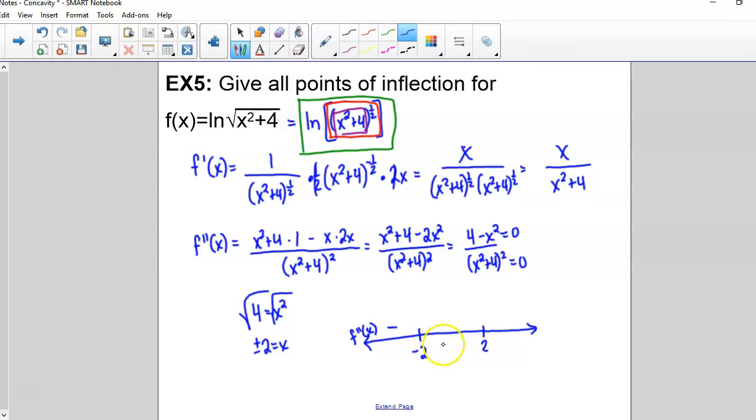A number between negative 2 and 2, like 0, 4 minus 0 squared is a positive number. And for our last section, if we plugged in a number like 3, you'd get 4 minus 9 again, a negative.